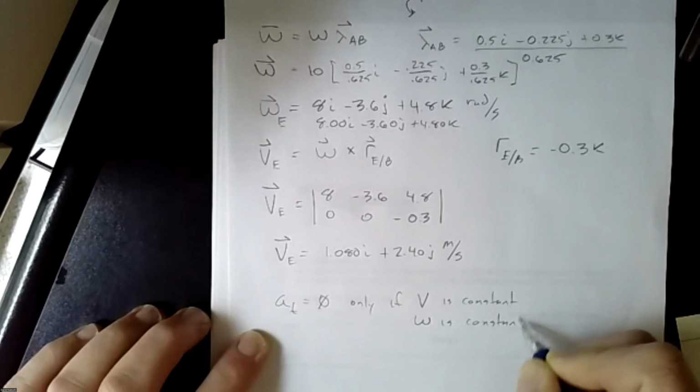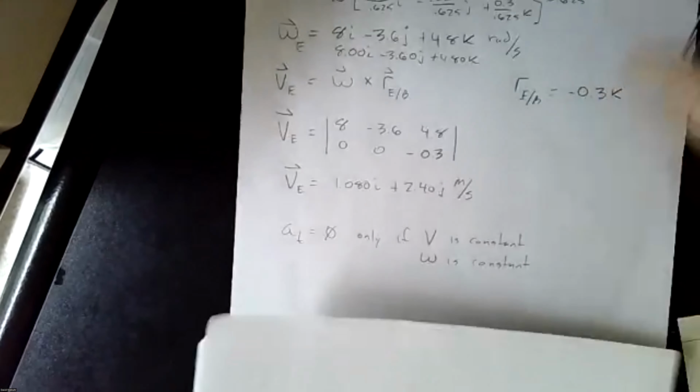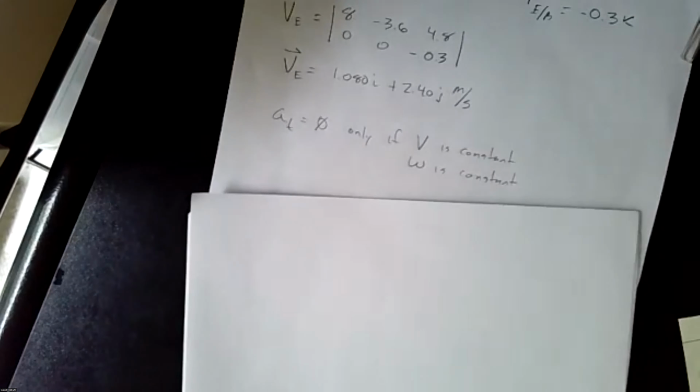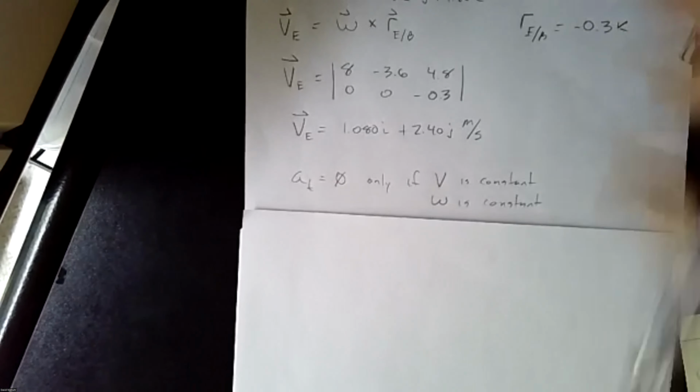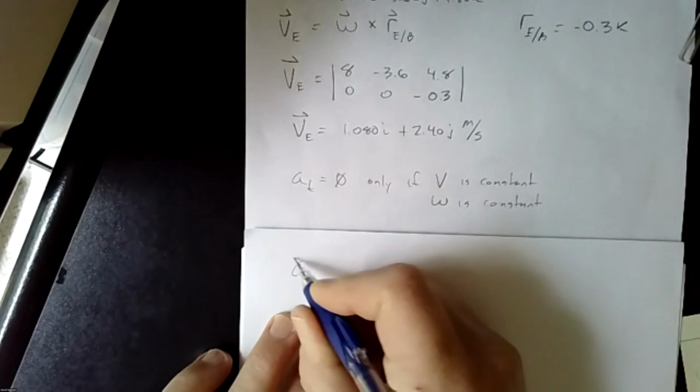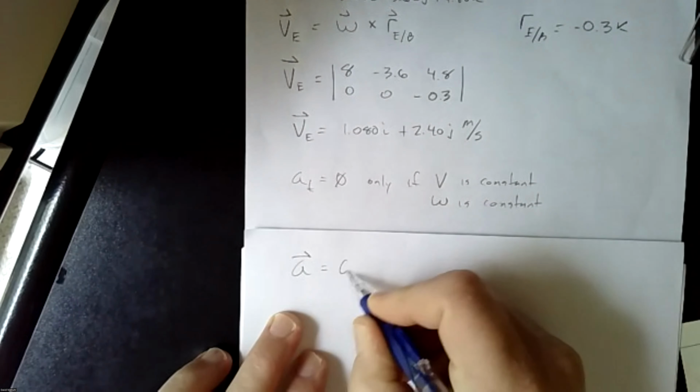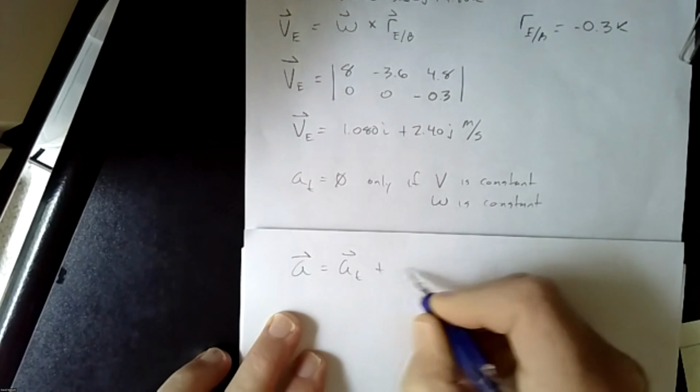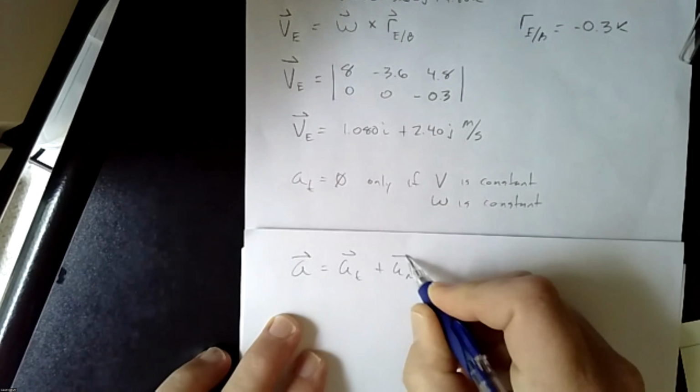So constant omega. I guess unless you're talking about a different point on the radius, it's going to be the same. But we want to recognize that our total acceleration is always going to equal the tangential acceleration plus the normal acceleration, right?